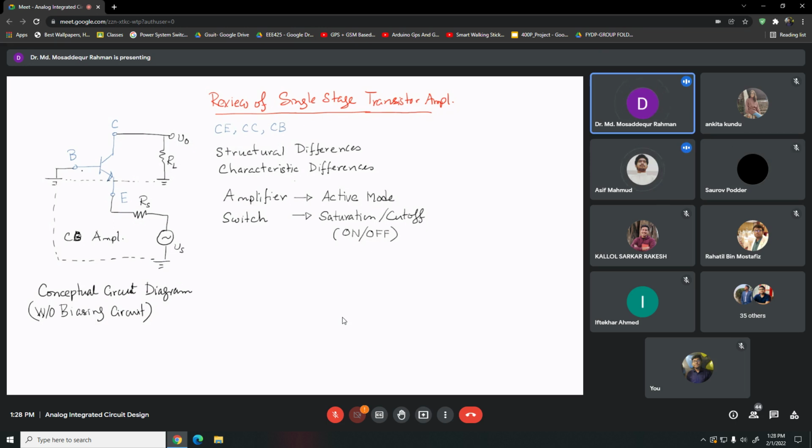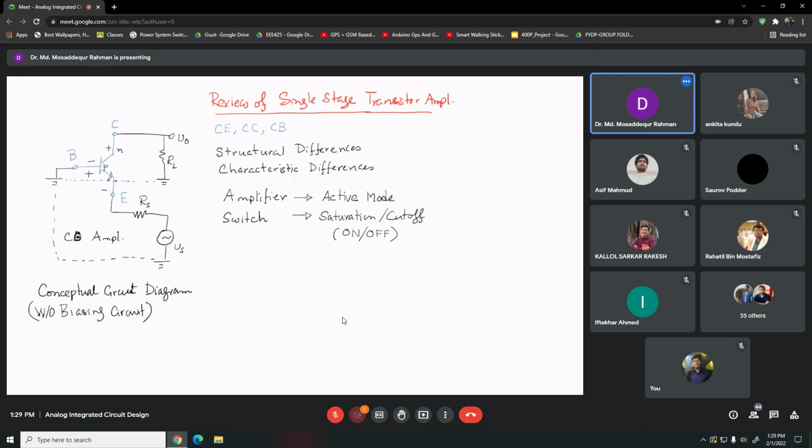Right. So we have two PN junctions. One is the base emitter junction, and that has to be forward biased. The other is the collector base junction, and that has to be reverse biased. Reverse bias means positive here, negative here. So this is an NPN transistor.